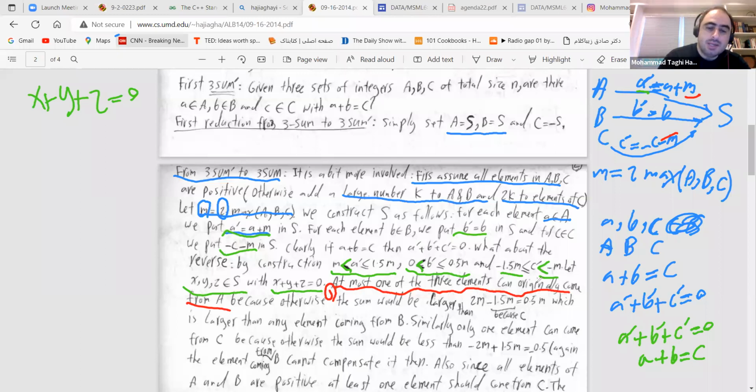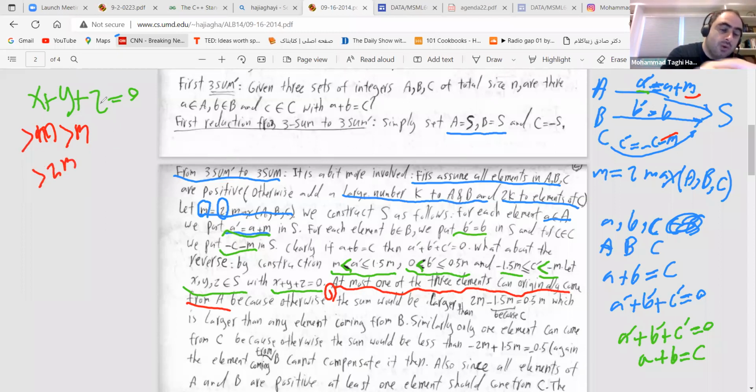Assuming there are 2 elements coming from A, say x and y without loss of generality, then this guy is greater than m and this guy is greater than m. It means that the sum of them would be greater than 2m.